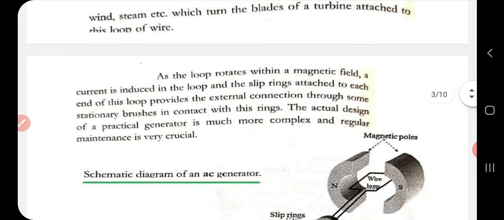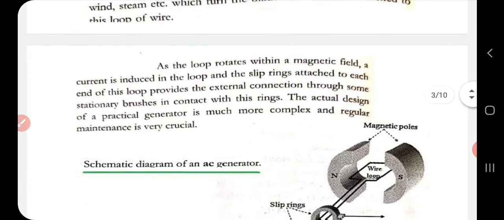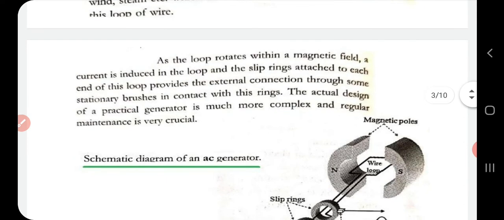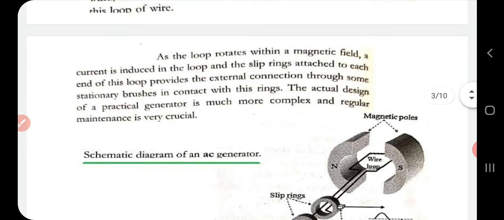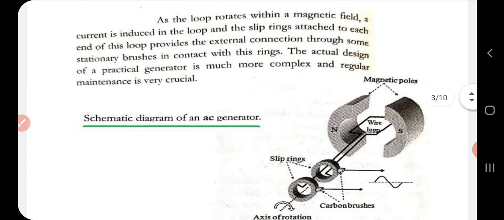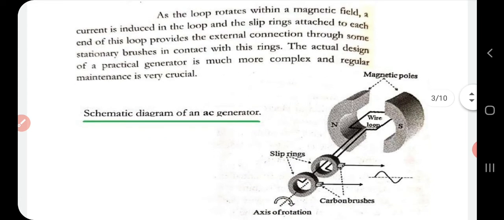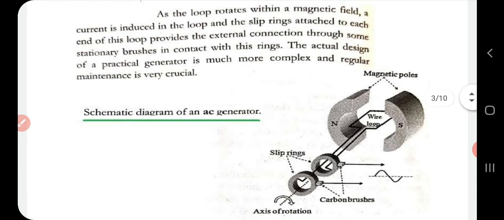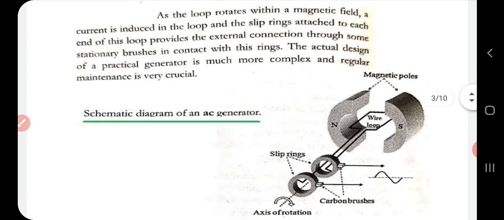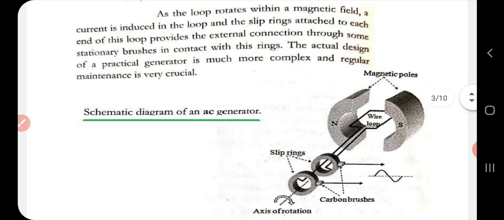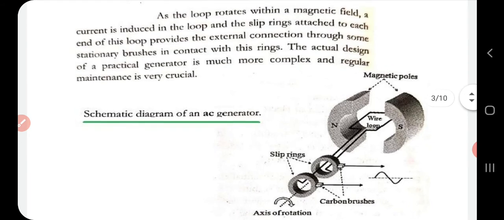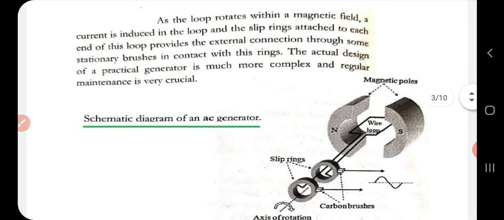As a result, a current is induced in the loop. You can see slip rings in the figure, attached to each end of this loop, and these slip rings provide the external connection through brushes which are in contact with the rings. So slip rings are mainly used to provide connections.